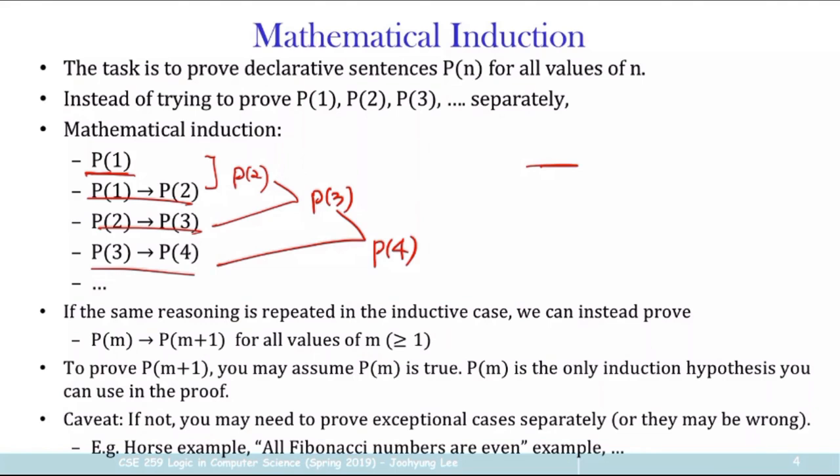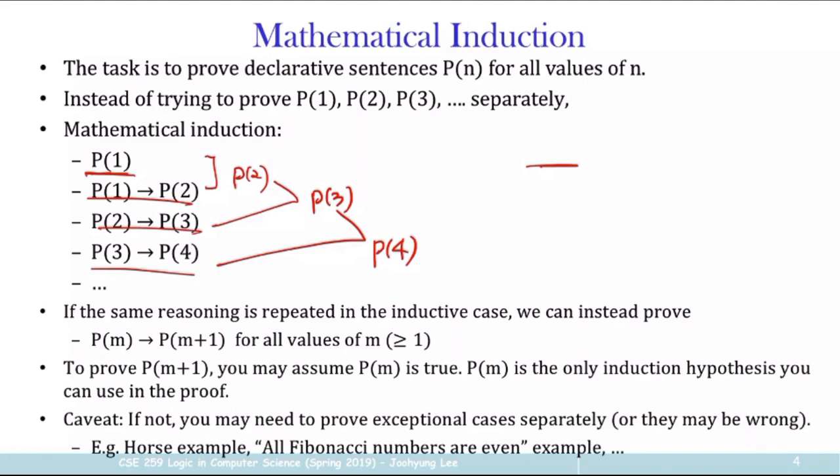Sometimes the induction fails. We saw some examples, like the example of all Fibonacci numbers, where the caveat is that sometimes the reasoning is not repeated in all inductive cases. In some of the steps, P of 1 implies P of 2, or maybe P of 2 implies P of 3, somewhere it may fail to use the same reasoning as in the other cases.